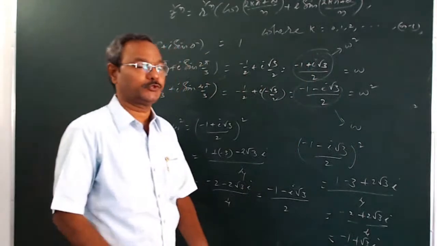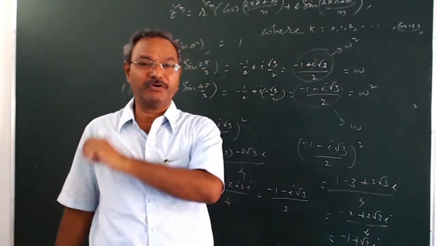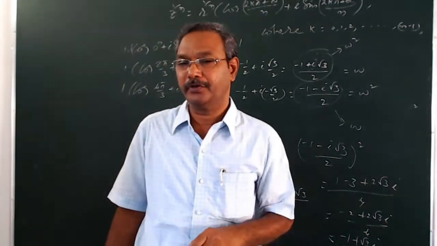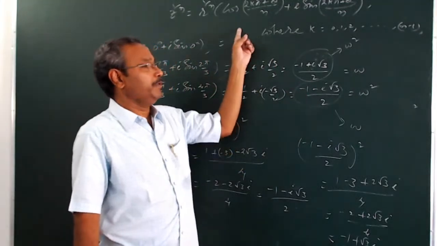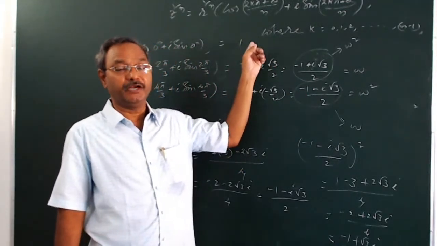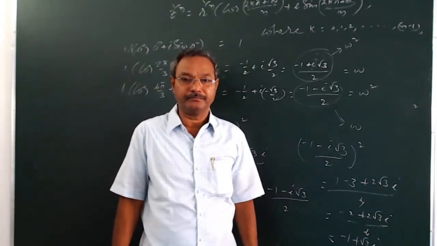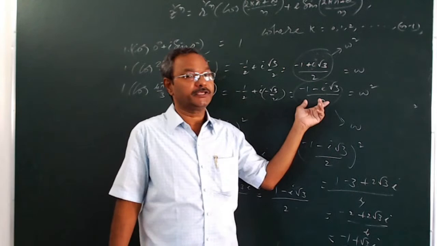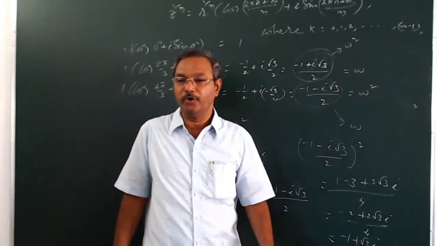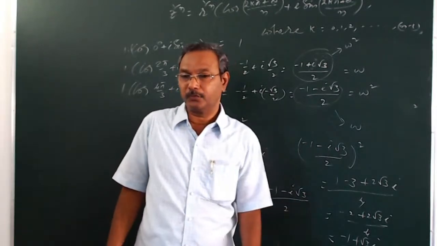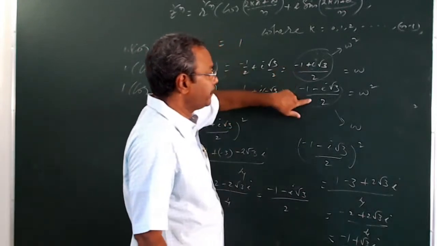So one is the square of the other. This is a peculiar structure. Of the 3 cube roots of 1, one of them is 1, which is the real root of the equation z cube is equal to 1. The remaining 2 are complex numbers. These 2 complex numbers have a peculiar property. One is the square of the other. And if you observe, one is the conjugate of the other.